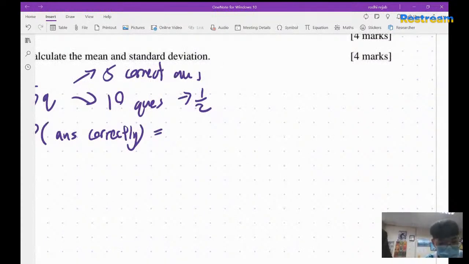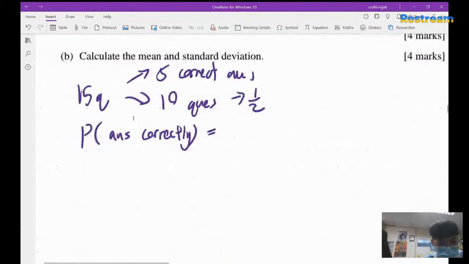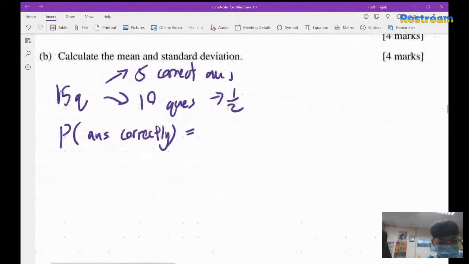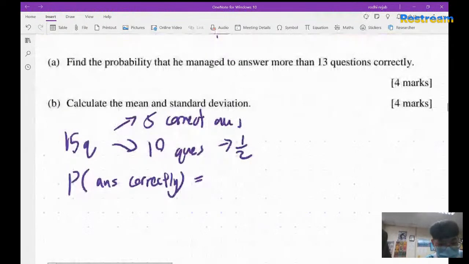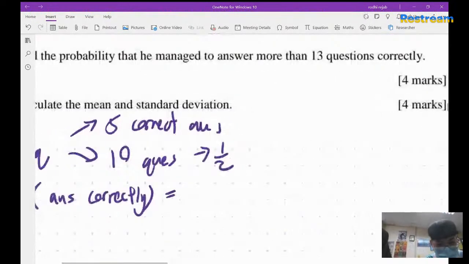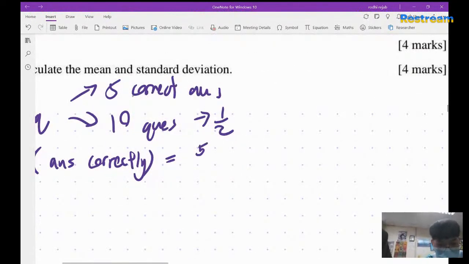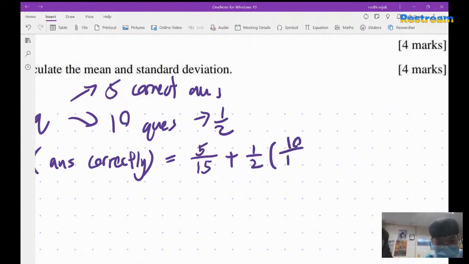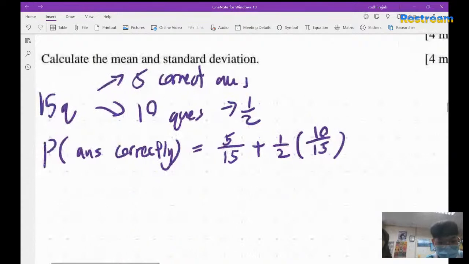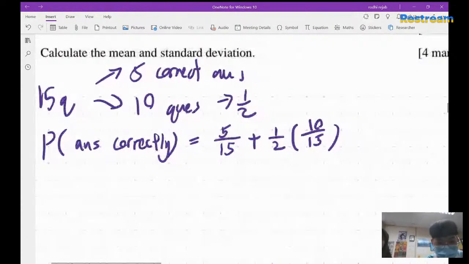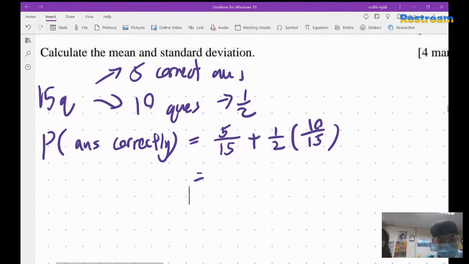It means we use both probabilities and add them together. In order to get the correct answer, there are 5 questions out of the total 15 that he already knows the answer to, and for the other 10 out of 15 he has to use 1/2. So this is the probability of getting the answer correctly for each question. We get a total of 2/3.